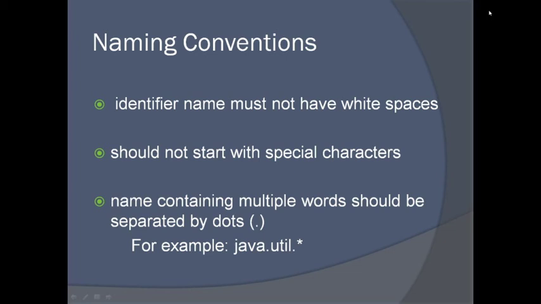Also, we can use a single special character, which is underscore, in between the identifier name. Also, if the name of an identifier contains multiple words, they should be separated using dots. For example, as we can see here, java.util.* is an example of an identifier name having multiple words which are separated using the dot operator. Also, it is recommended to use appropriate words for naming the classes instead of using acronyms.